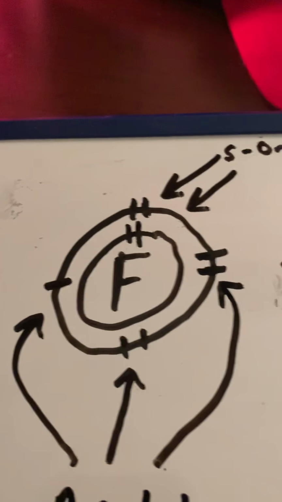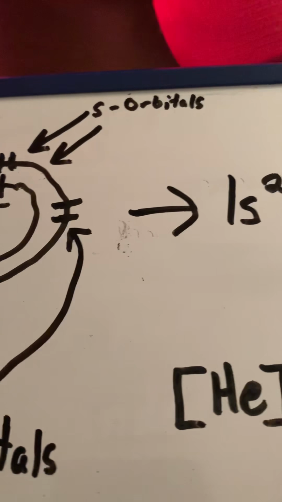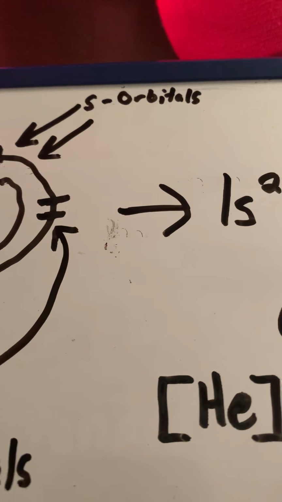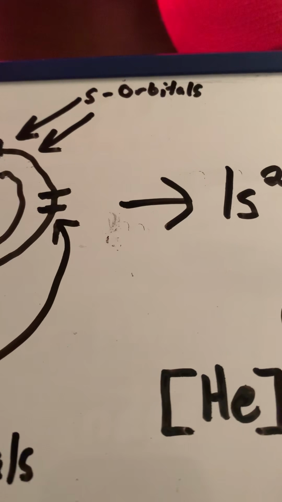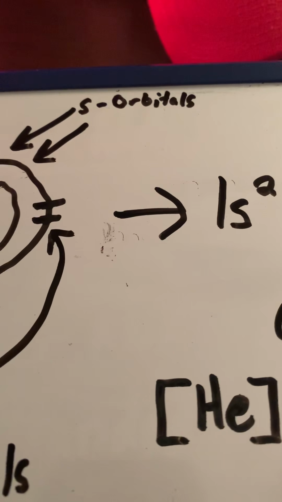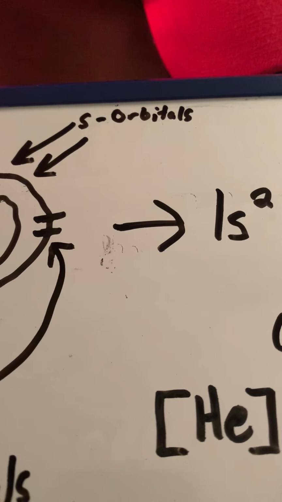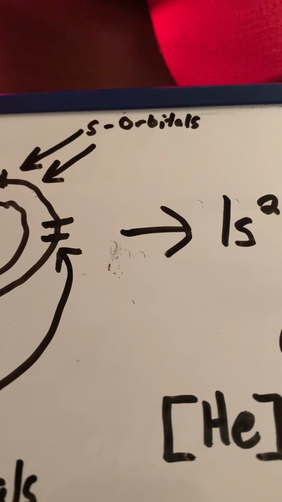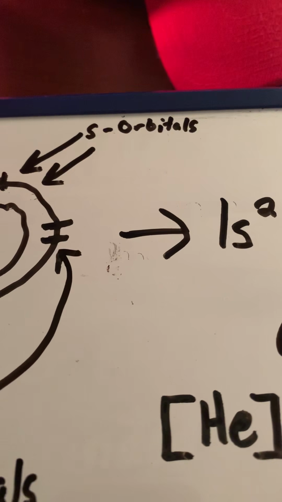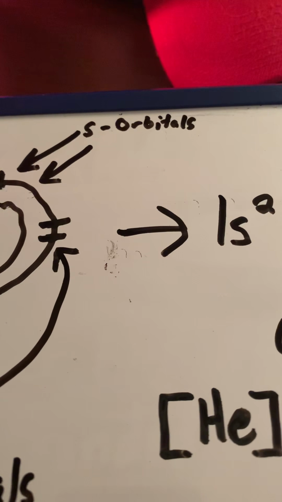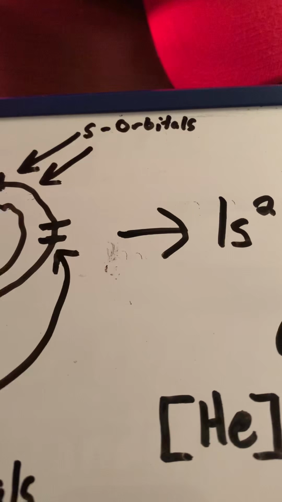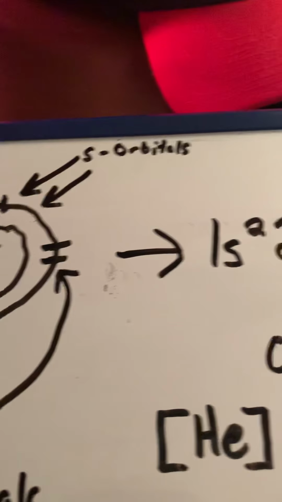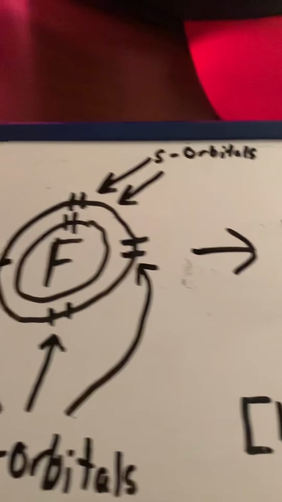That terminology is going to tell you that just like 1s2, core of helium means the exact same thing. That way, once we get to the longer ones, you don't have to write it all out. But you know that if you can do the actual electron configuration for helium, it's fine to put core of helium. I know exactly what you're talking about. So that takes care of the 1s2.